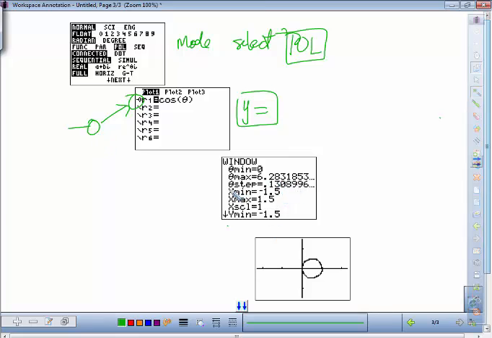And then your window, small steps, and then your start and your finishing point. Start theta, end theta. And then this would be your screen.